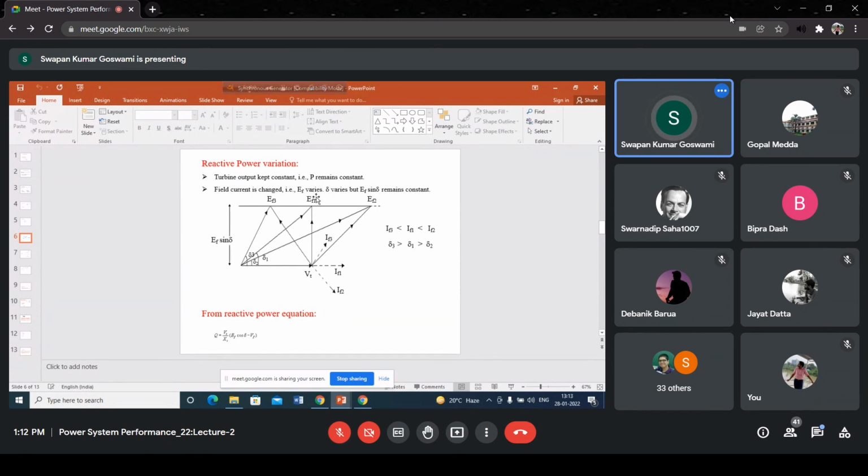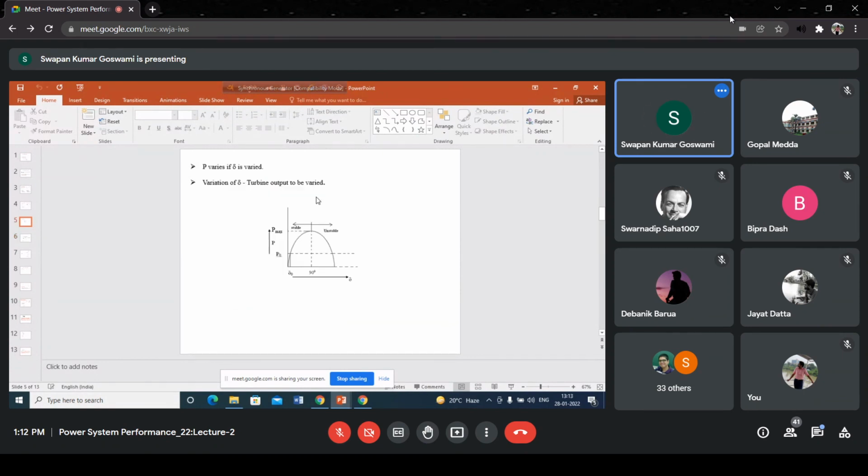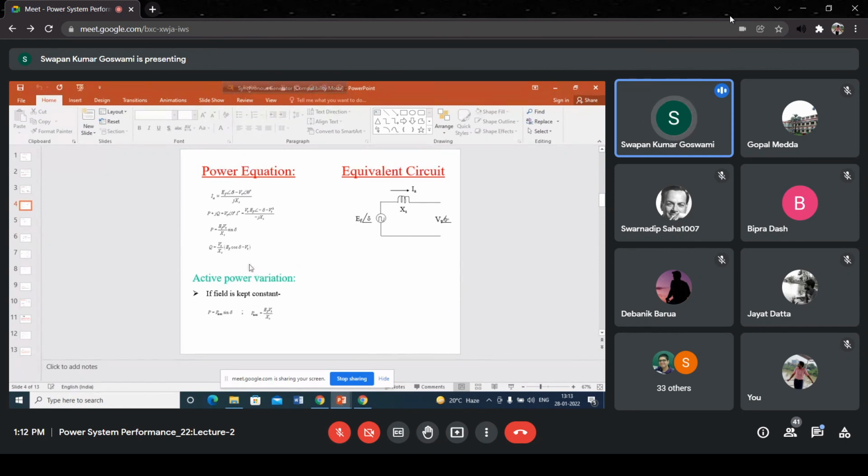P constant means this portion is constant. Vt by Xs is always constant because we are not changing the field current, say. Now P maximum sine delta, this portion will remain unchanged. That means somehow P maximum sine delta, that is EF Vt by Xs sine delta, this part has to be kept constant.